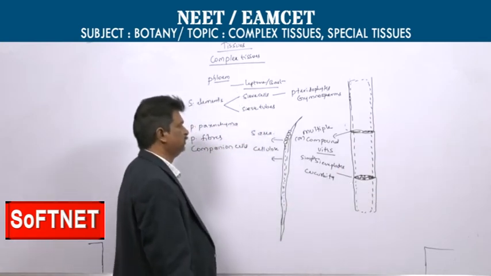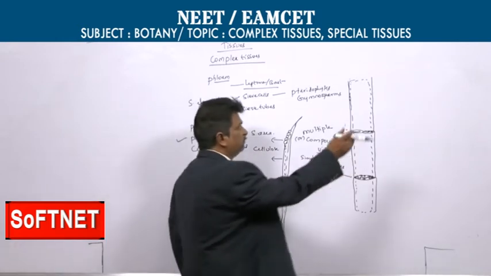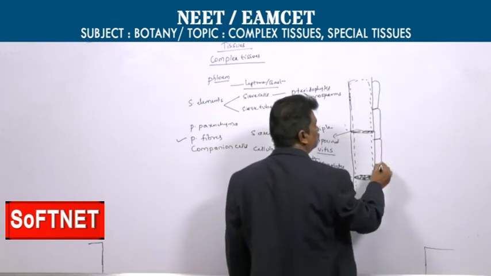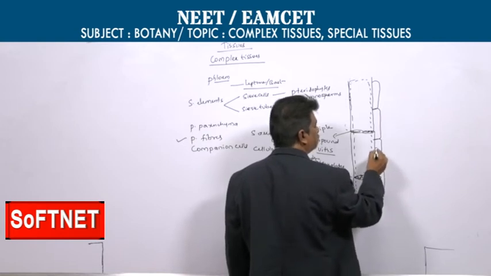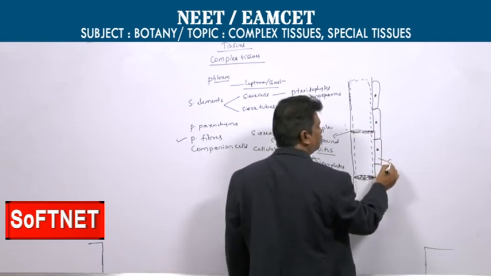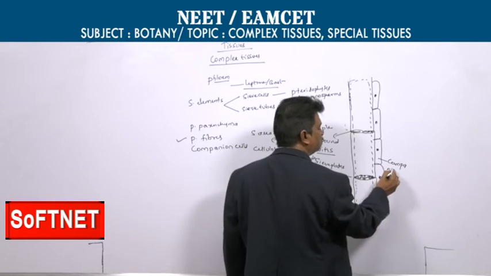The sieve tube wall is also made up of cellulose. Associated with the sieve tube, one or two or many specialized parenchymatous cells are present. These specialized parenchymatous cells are called companion cells.